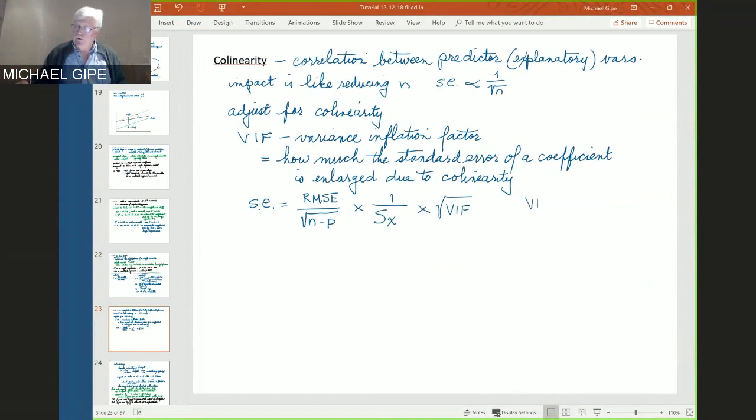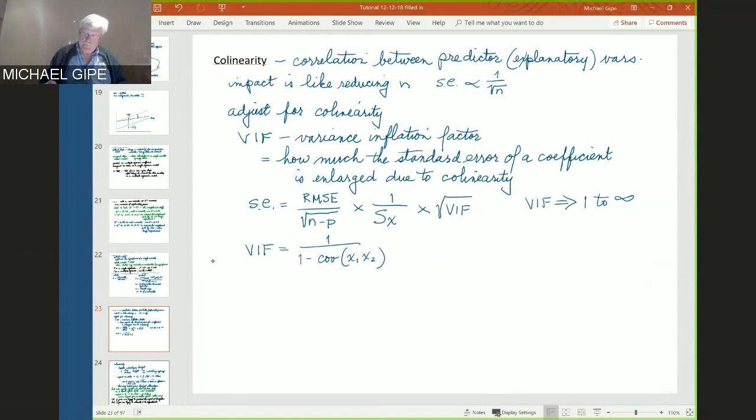VIF has a range of 1 to infinity. 1 is where there's no collinearity, and if you want to understand how this is calculated, it simply comes from the covariance between the two x values. And it's more complex for more than two correlated variables.